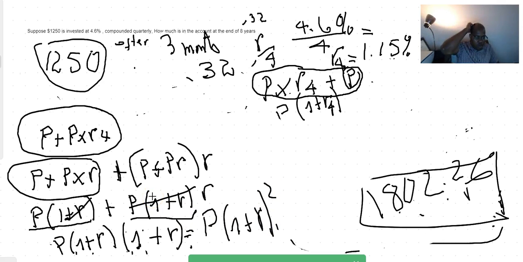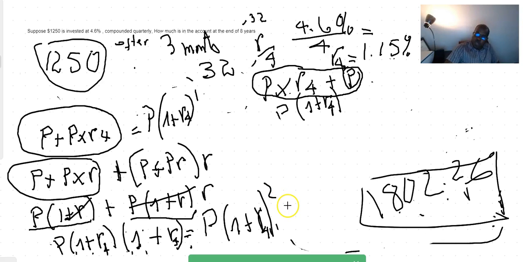For my first period I have P times 1 plus R, to the power of 1, and the second period to the power of 2. If I keep on with the third period, I'm going to do the same. That's why I have the general formula. I just need to know how many periods there are for 8 years, and then I solve it. I hope you understand it, guys.